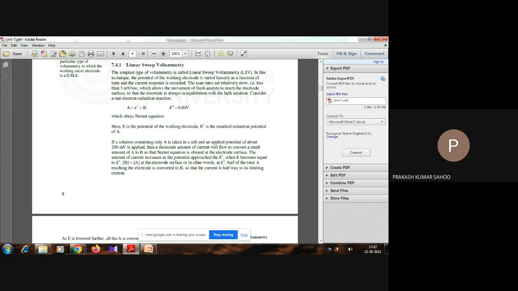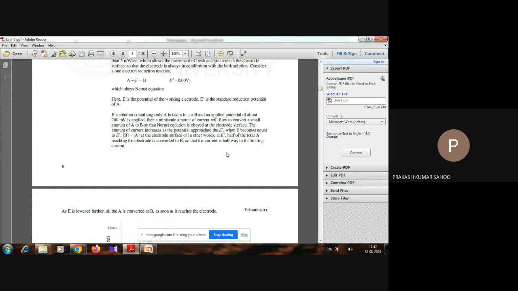So that's why we always write the reduction equation, that is the gain of electron. So it is A plus n electrons gives rise to B. Here let the standard reduction potential, E0, be 0.00 volt, which obeys the Nernst equation.